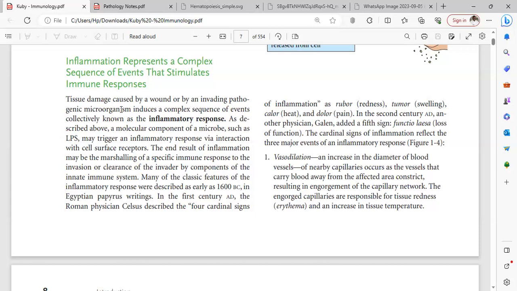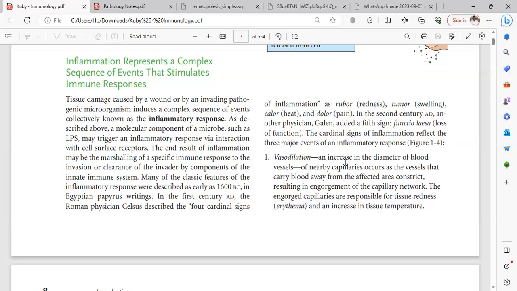One is vasodilation. Vasodilation is basically when the diameter of the blood vessels increases, and as a result, the nearby capillaries surrounded by those blood vessels swell. The swollen capillary network leads to erythema, which is basically redness, one of the cardinal signs of inflammation.